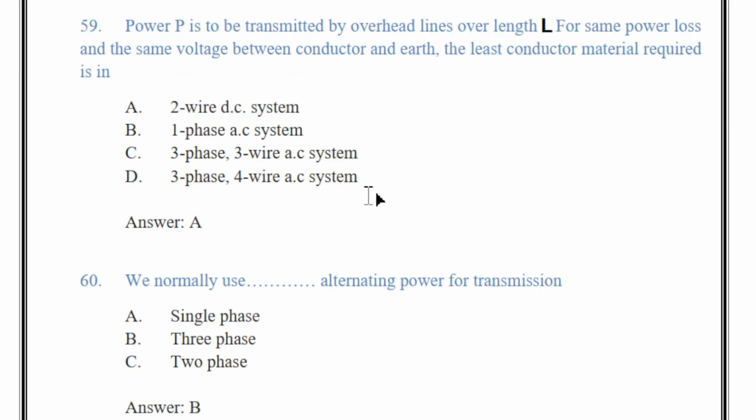Now we come to the question number 60. Normally we use dash alternating power for transmission. The correct answer is B, three-phase. Three-phase power supplies are more efficient.